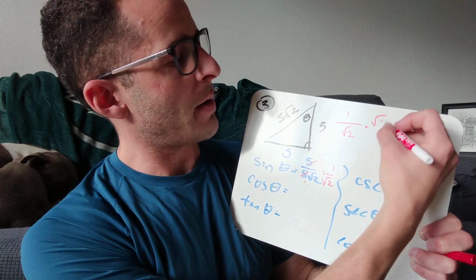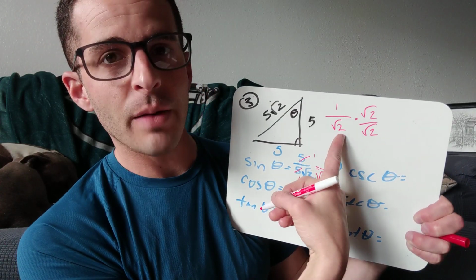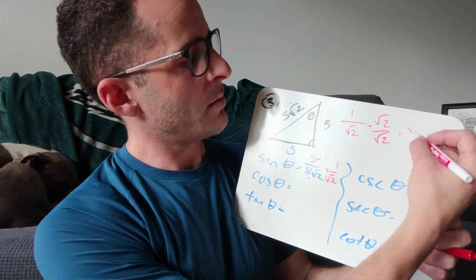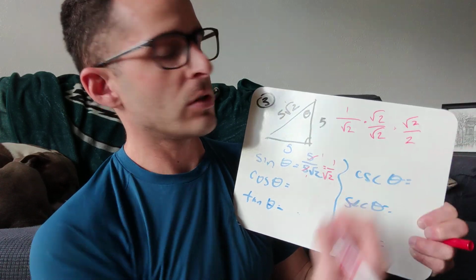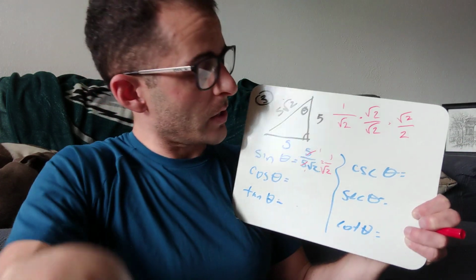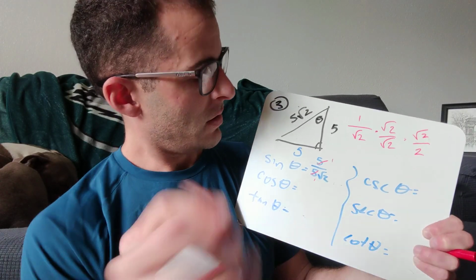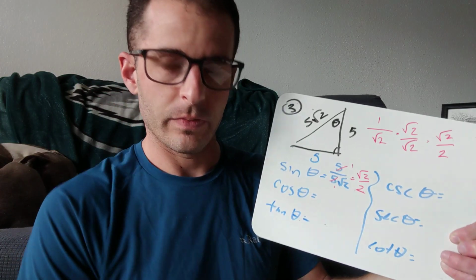We have to multiply by what we don't want over itself. We don't want the radical in the denominator, so we multiply by rad 2 over rad 2. 1 times rad 2 is rad 2. Rad 2 times rad 2 is 2. Sound familiar? So our simplified fraction, the only acceptable answer is rad 2 over 2.